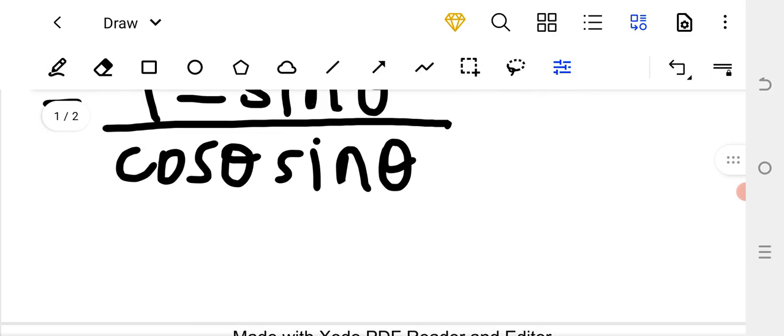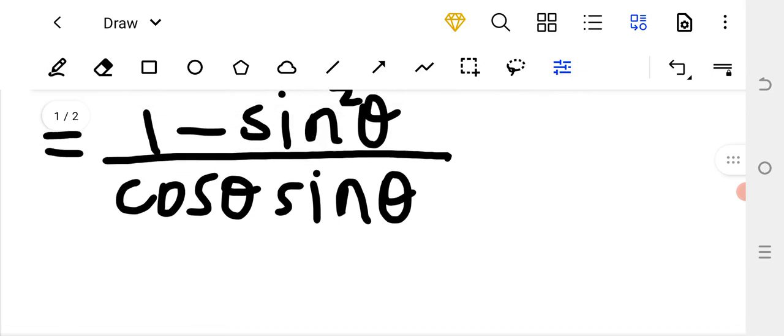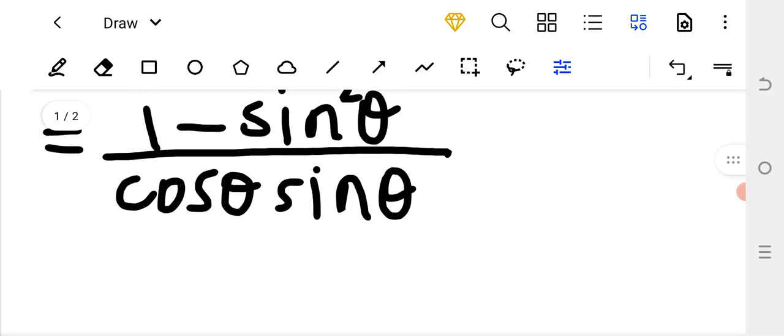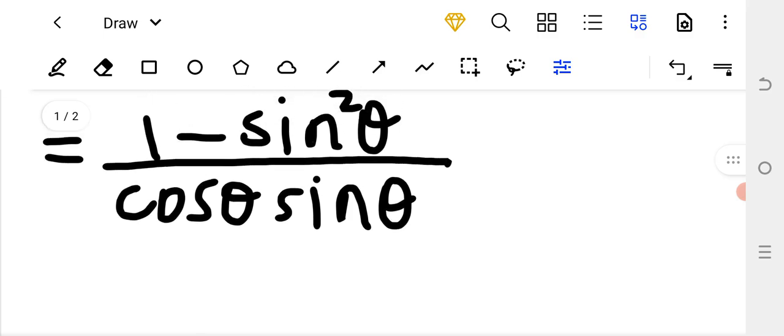Upon reaching this particular point, we know that the numerator, which is 1 minus sine theta squared, is an identity that we know. So let's simplify it.